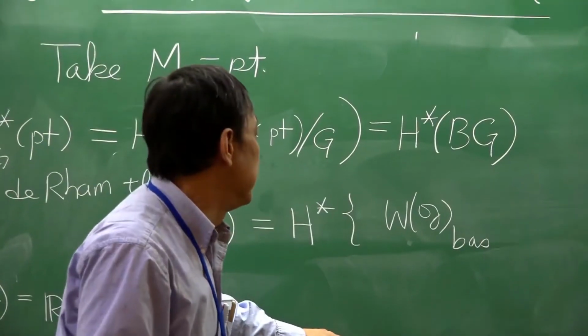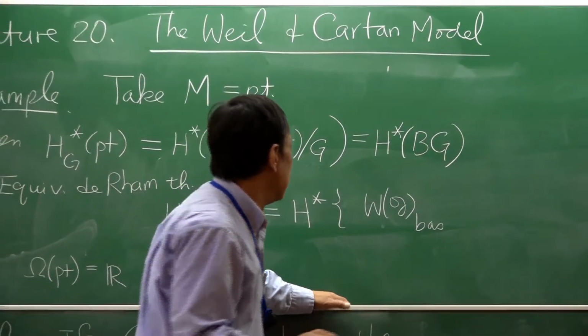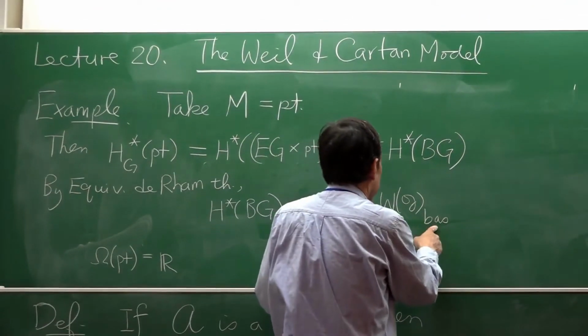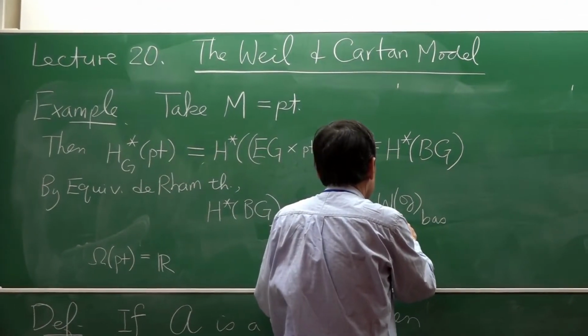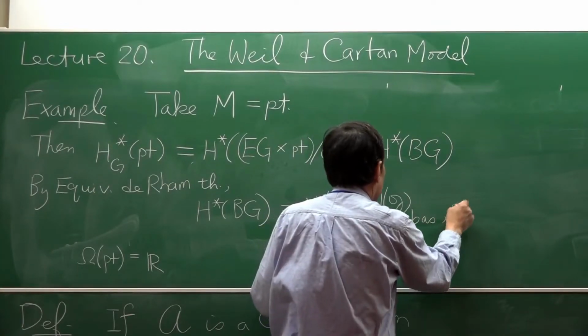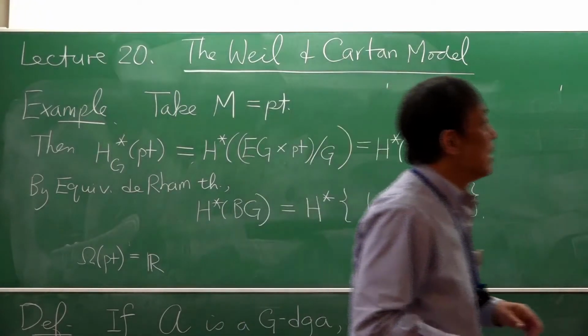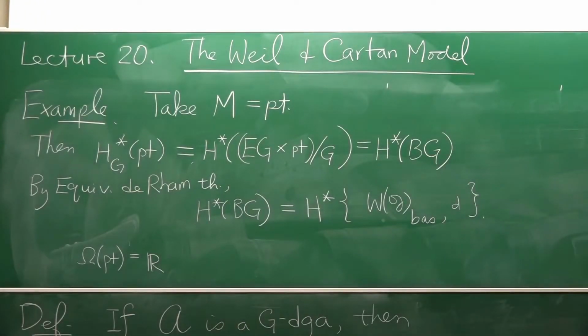Yeah, so it's the cohomology of the basic elements in the Weil algebra. Okay. Compute it with respect to D.